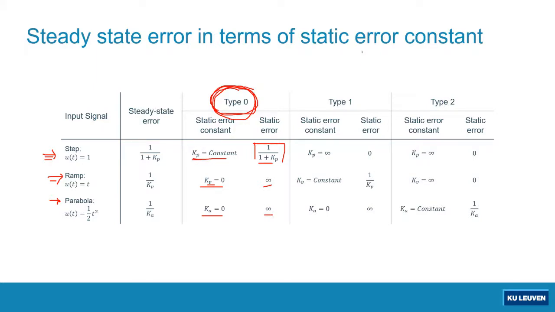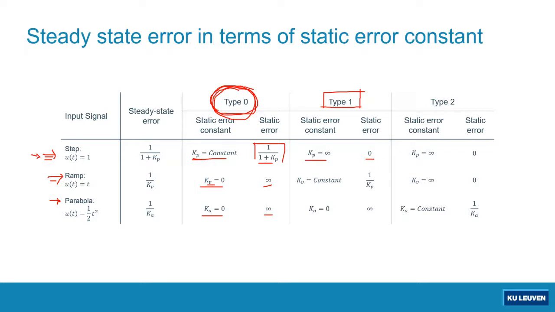On the other hand, if we have a type 1 system, if we have a unity feedback system where the open loop transfer function tells us that the unity feedback system is a type 1 system, if a step input is given to a type 1 system, the static position error constant Kp will be equal to infinite, which means that the steady state error will be equal to 0.